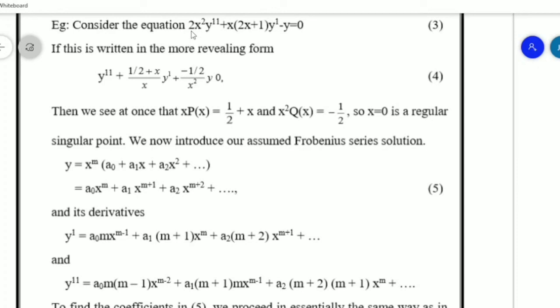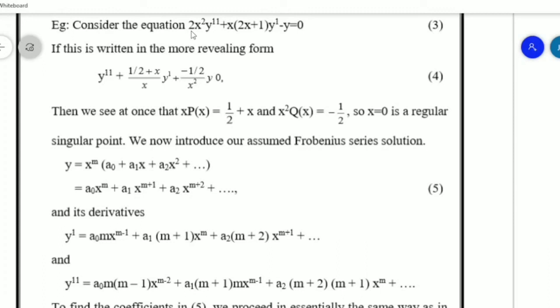So substitute all these and equate to 0, so that we get the coefficient terms of higher powers, x raised to m minus 2, x raised to m minus 1, x raised to m terms.